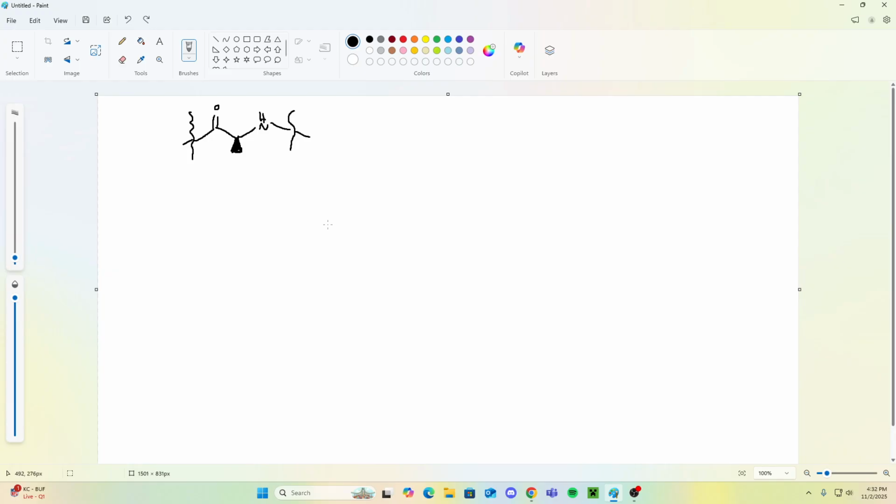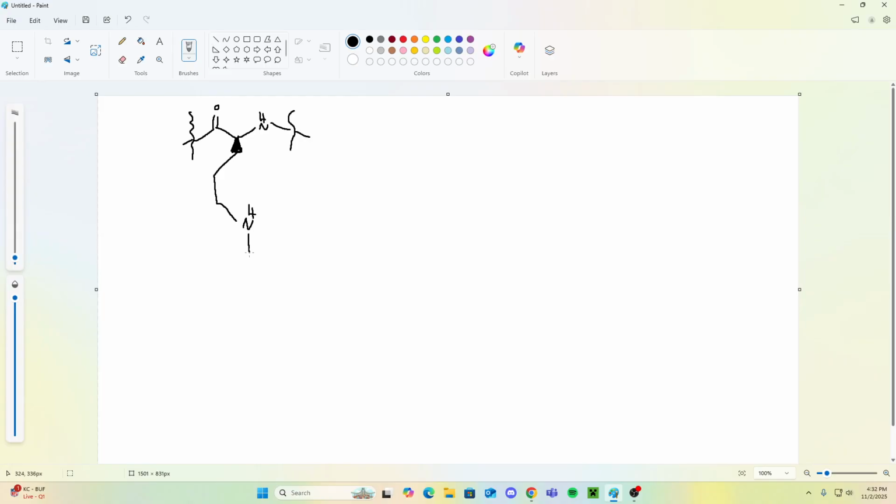So arginine is very complex because it has a lot of moving components. So it has 1, 2, 3, let's move it back in to do 4.